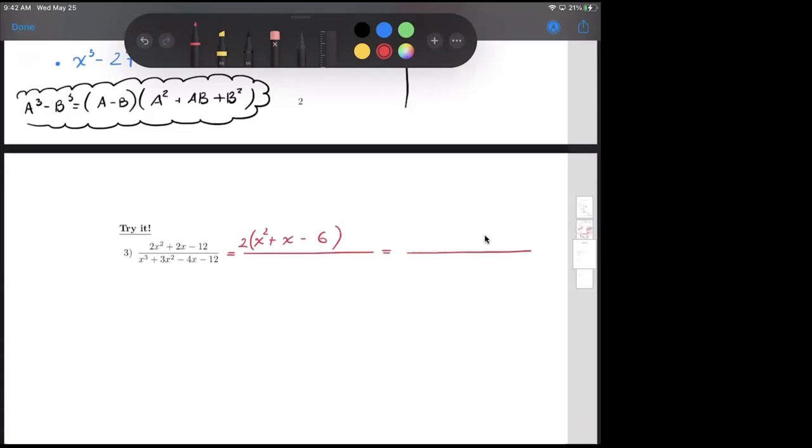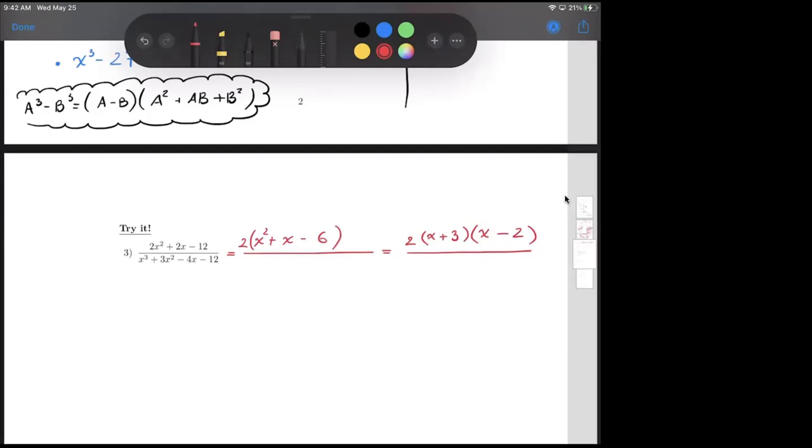And then x squared plus x minus 6, you can factor more. So find two numbers that multiply to -6 and add to 1. I see 3 and -2, right? x plus 3 and x minus 2. Everybody got that like I do?